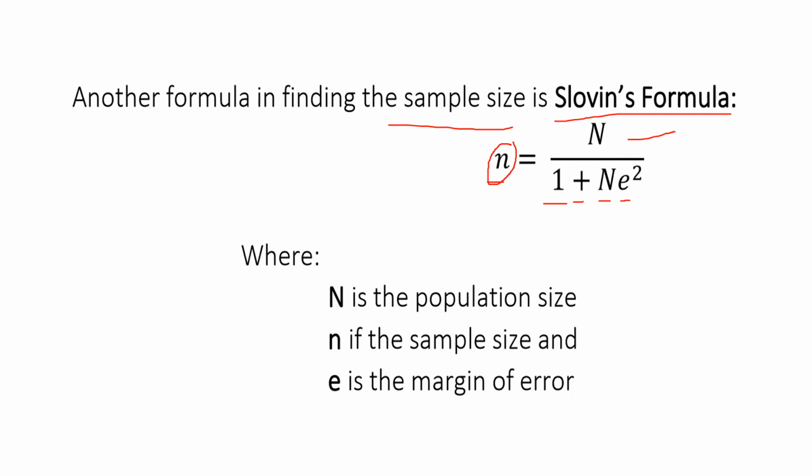Just subtract your confidence level from 1. For example, if you wanted to be 98% confident that your data was going to be reflective of the entire population, then 1 minus 0.98 is equal to 0.02. Or simply, your margin of error is equal to 0.02. So that will be the value of your e.